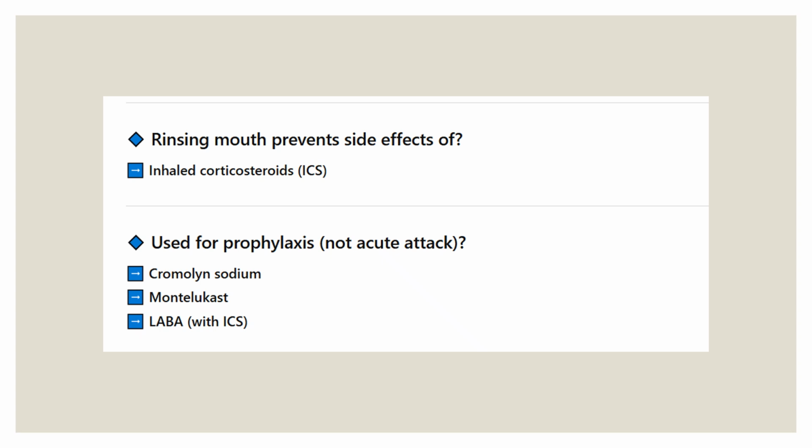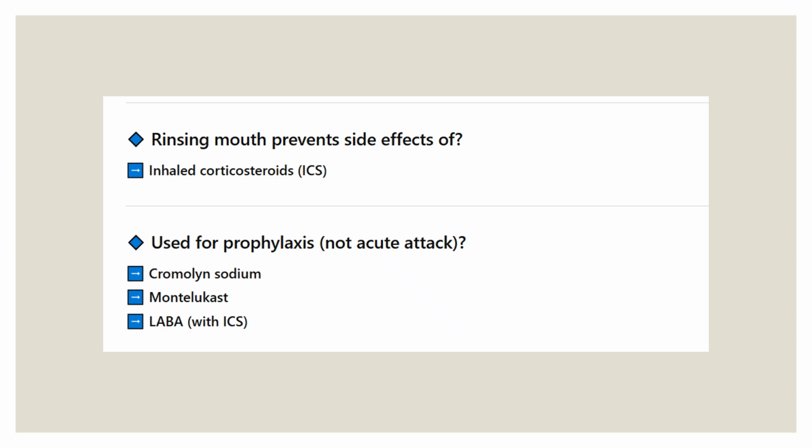Used for prophylaxis, not acute attack. Okay, the patient has asthma, and we do not want an attack to be induced. So cromolyn sodium, montelukast, LABA with ICS are recommended for prophylaxis. They are not used when the patient is having an acute attack, but they are used to prevent the attack.